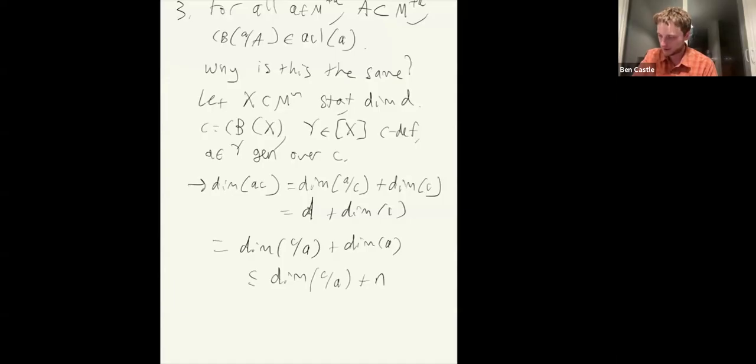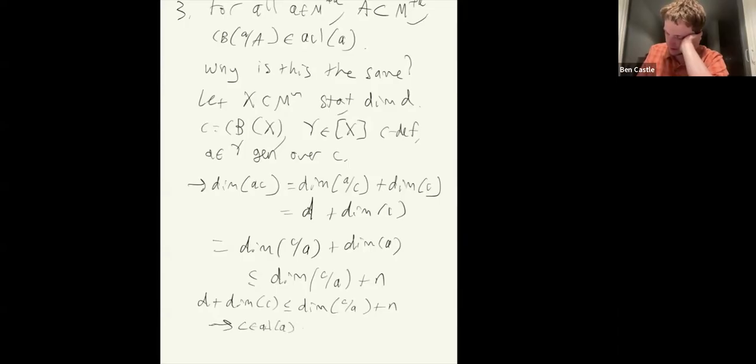And this expression up here, so now you have D plus the dimension of C is at most the dimension of C over A plus n. Right? And so if C is in the ACL of A, that's the same thing as saying that this term right here doesn't exist. So that's the same thing as saying that dim C is at most n minus d.